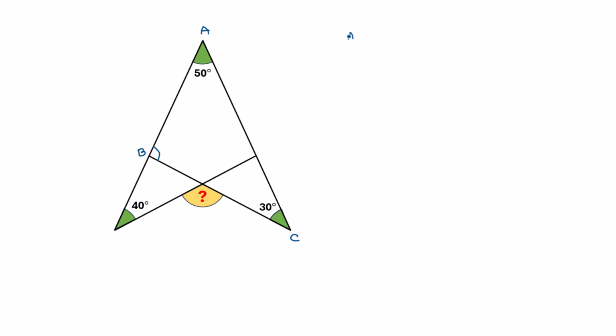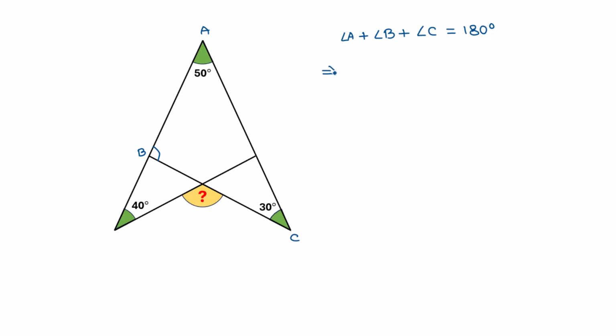So angle A plus angle B plus angle C is equal to 180 degrees.